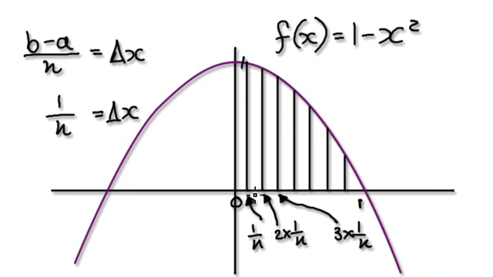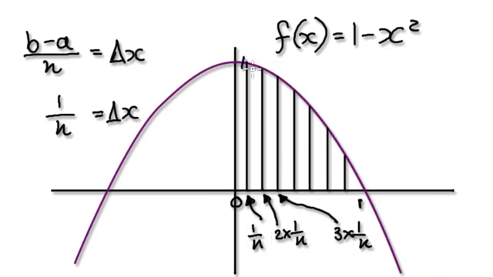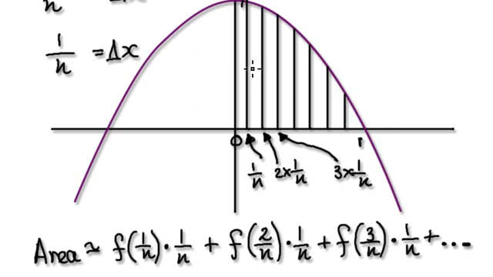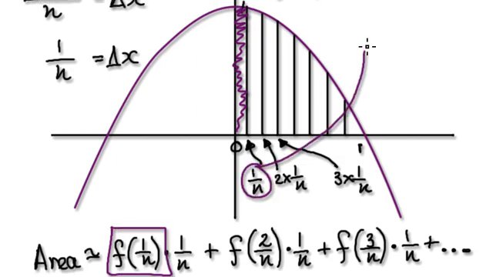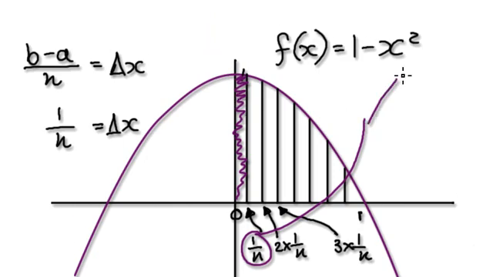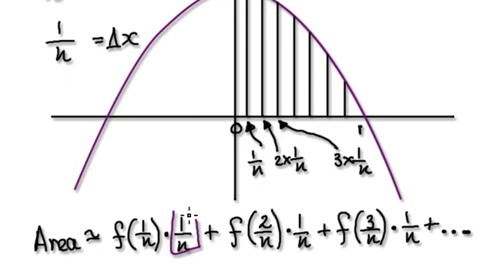If you have the x coordinate right here and put it into the function, it will jump to this point here, which is your height. So the height of the first rectangle is what you get from putting this into the original function, and so on. This is your height, this is your width.